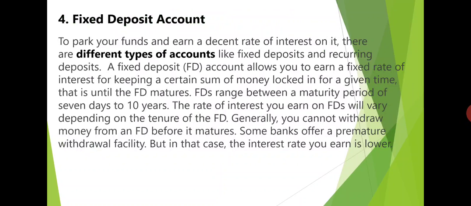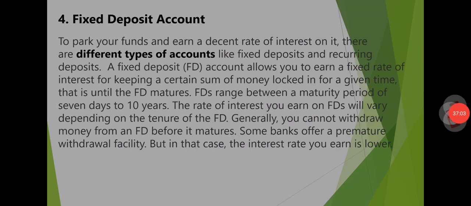As we all know, a fixed deposit account allows you to earn a fixed rate of interest for keeping a certain sum of money locked in for a given time. That is, until the FD matures.